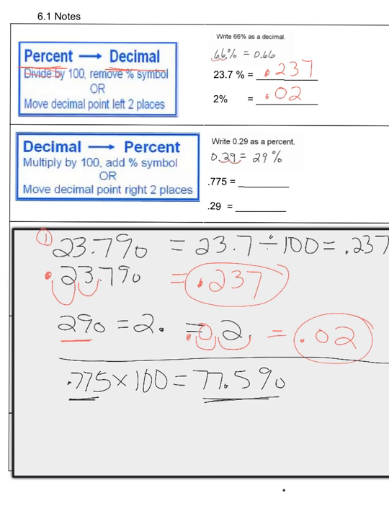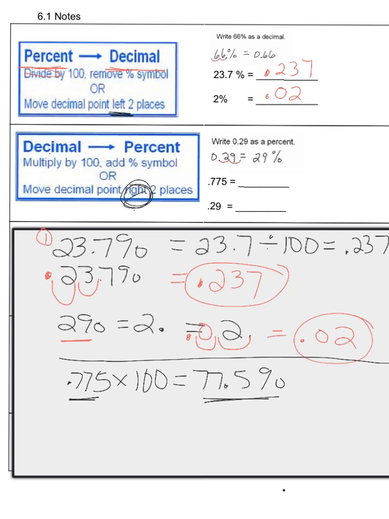Now the second way to do it, you can see, is you move the decimal point 2 places to the right. So this is the right, you see that? So decimal to percent, it's 2 to the right, and percent to decimal, it's 2 to the left.